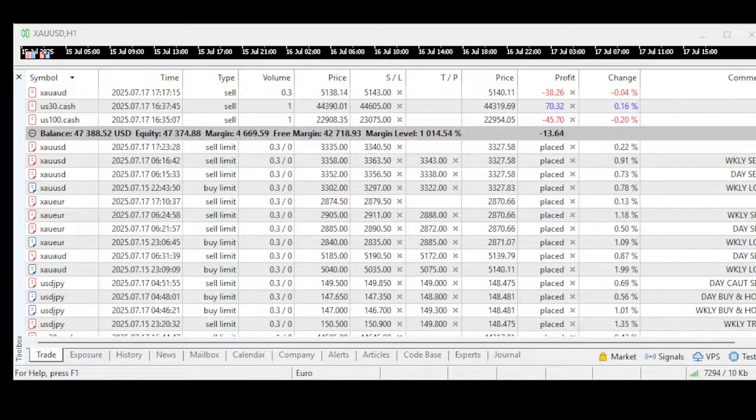Remember we had a high. We will go for a sell at 350, with the stop at 480.